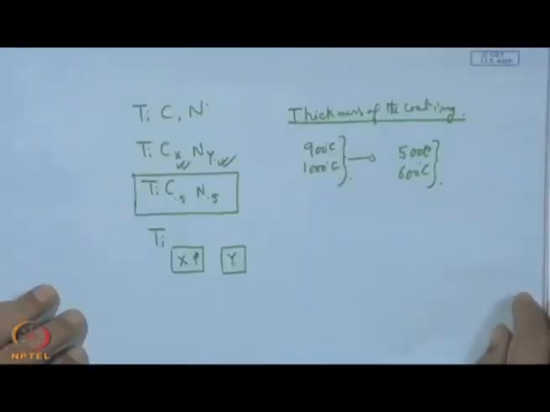By common sense, we understand that if we have a thicker layer, obviously the life of the coating will be longer, and if it is a thin coating, the life of the coating will also be shorter. So, thicker coating means high performance coating, provided it can be retained with adequate adhesion with the substrate, and there this high temperature is the greatest obstacle.